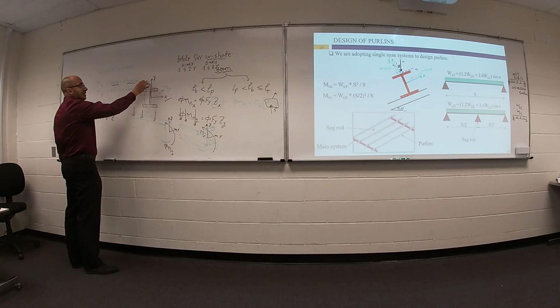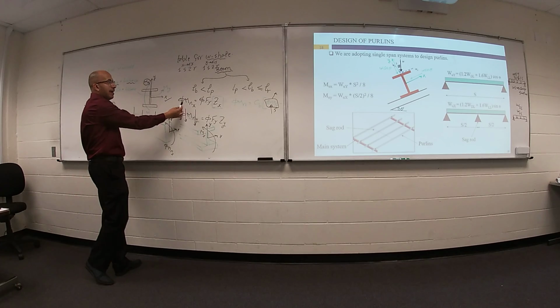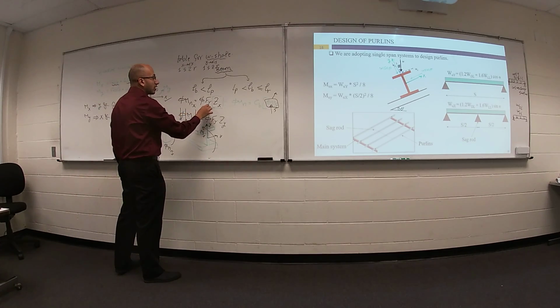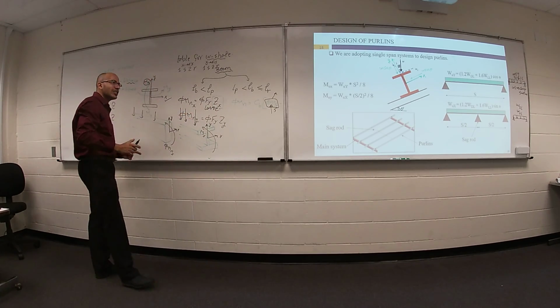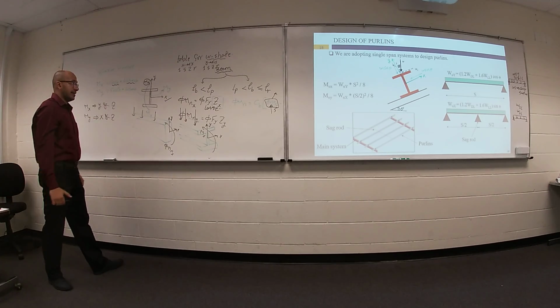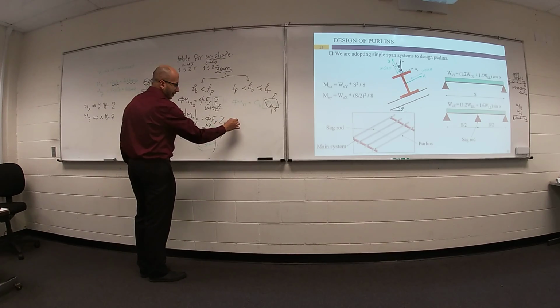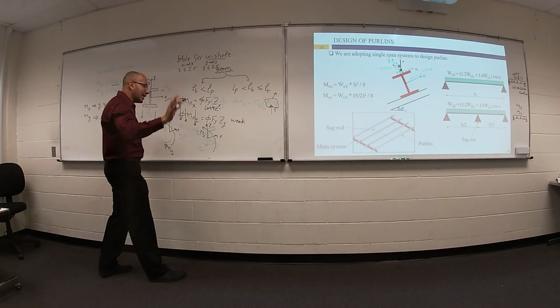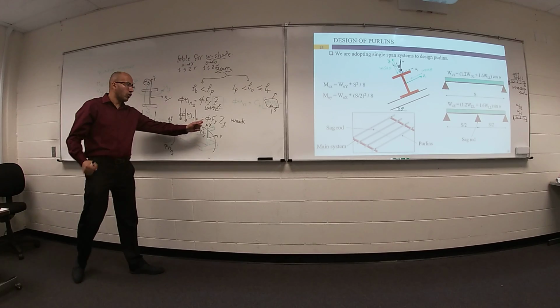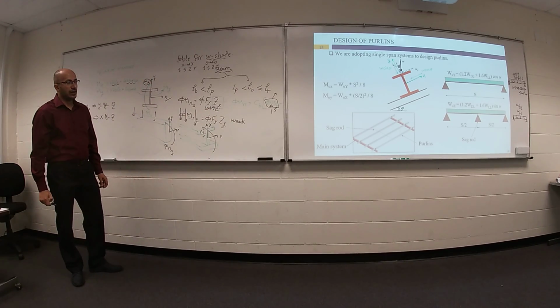So Mx, or your design moment about x, will be large, very strong. Your cross section is very strong about this direction. But about y, weak. I will not say very weak. No, weak. Not large or not strong enough like x direction.